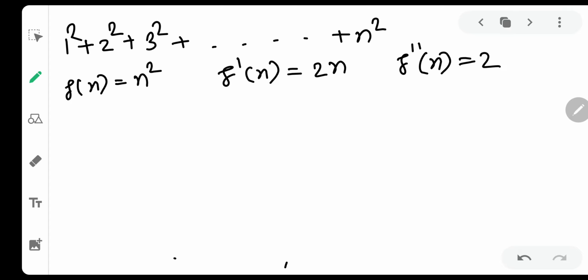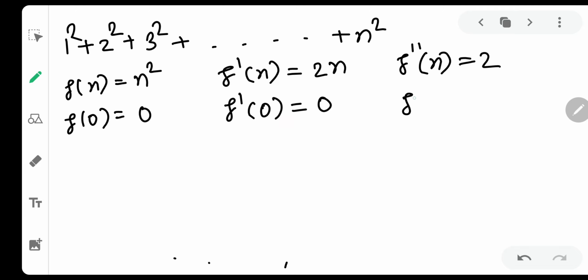I won't go to f triple dash because f triple dash will be 0 now. F of 0 comes out to be 0, f dash 0 comes out to be 0, f double dash 0 comes out to be 2 because there is nothing to put as n, right? So that is why f double dash 0 will be 2 and it won't be 0. Okay, I hope you got that.